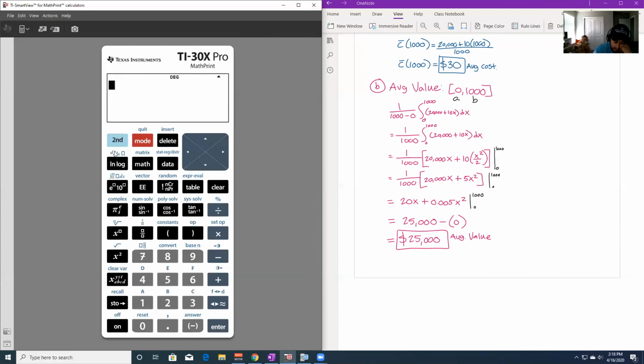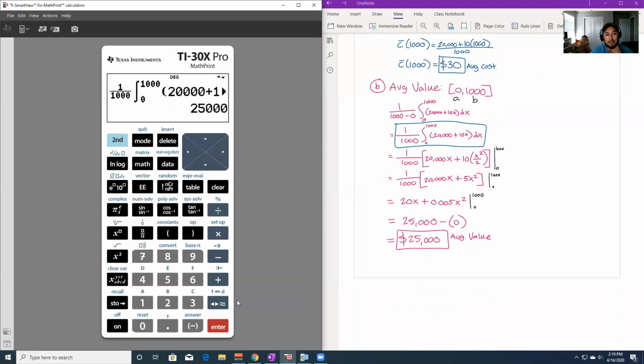Oh yeah, sorry. If you want to check this with the quick mode, what do I have? 1 over 1,000. So which part am I typing in the calculator? I am typing this part in the calculator. So fraction 1 over 1,000, integral from 0 to 1,000 of 20,000 plus 10x dx.